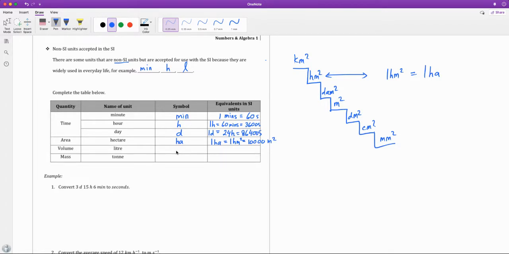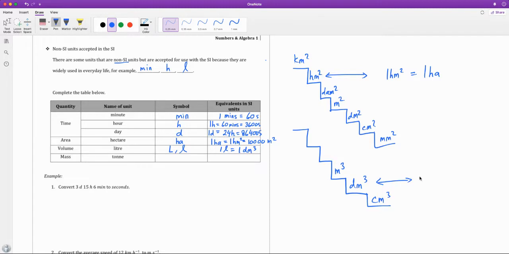Let's continue. It's volume. It's in liter. Sometimes it's l or L. So 1 liter equals to 1 decimeter cubic. So from the diagram here, let's say we have meter cubic, decimeter cubic, centimeter cubic.